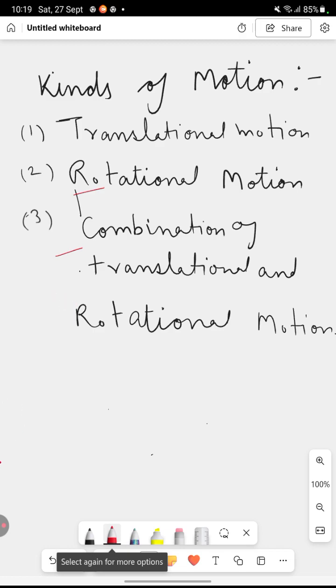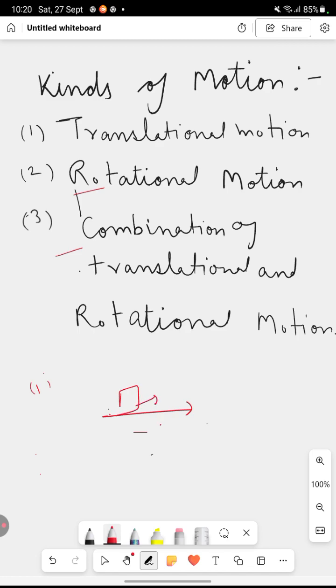First is translational motion. What is translational motion? You have seen in linear motion, an object moving in a single direction in a straight line. Whenever any object is showing linear motion, we say it is showing translational motion.